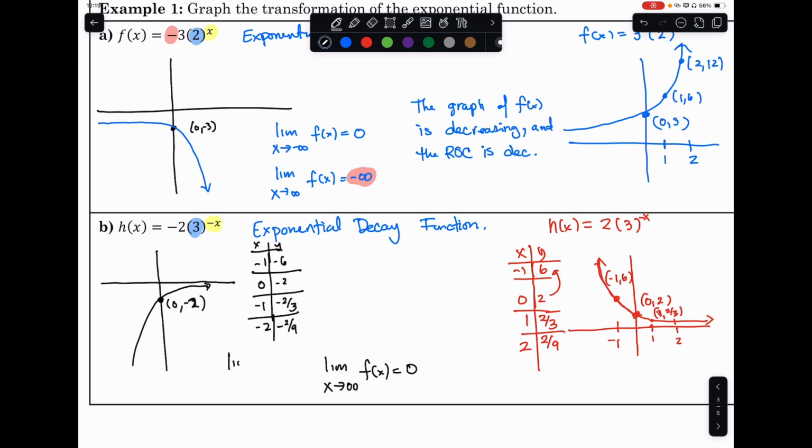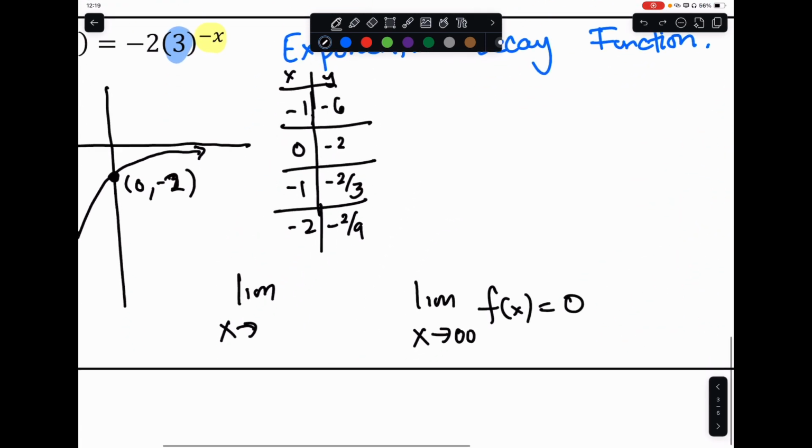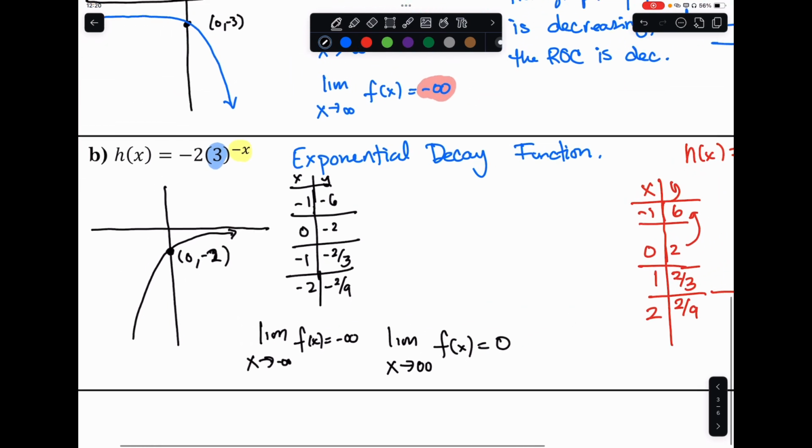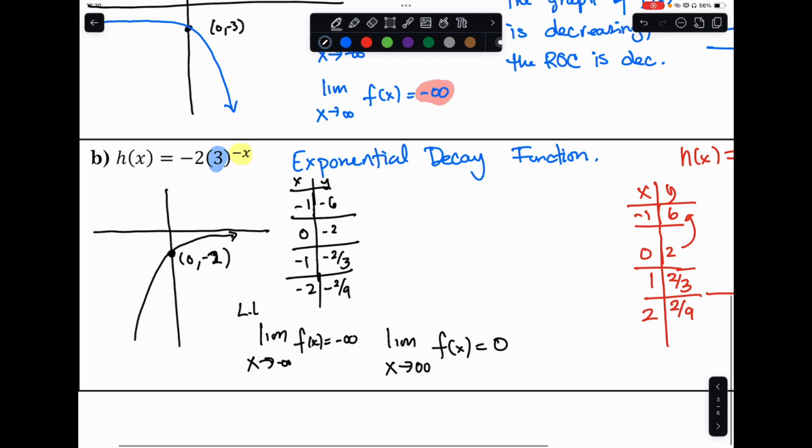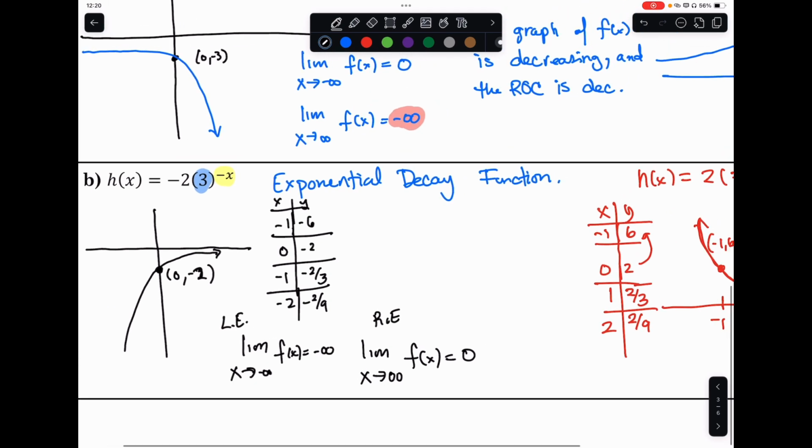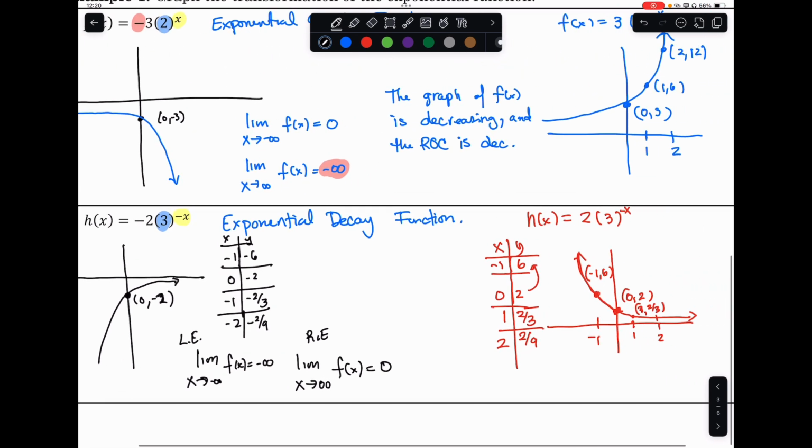And the left side is still unbounded. Let me zoom in. The left side of the function is still unbounded, but this time it's going towards negative infinity instead of positive infinity. So this is the left end behavior. This is your right end behavior. And it's very similar to this one over here.